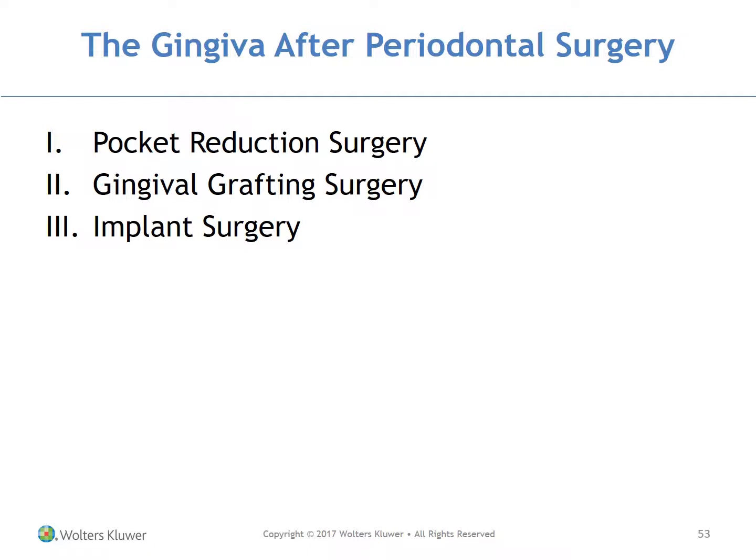Then we have gingival grafting surgery. You guys are going to go a little bit more into depth with this in your perio course, so we're just kind of touching on it here. Depending on the extent or the exact surgery performed, examination shows changes from the initial evaluation.